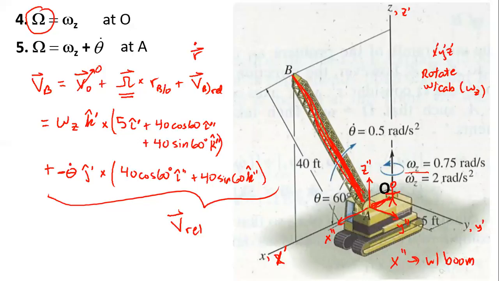Is the theta dot constant or do I have a theta double dot? It's constant, so I'm not going to have a tangential one, but I am going to end up with an A-rel term that's got a normal component going right down the boom. So my AB rel term for number 4 is going to be going down towards the center due to centripetal acceleration.